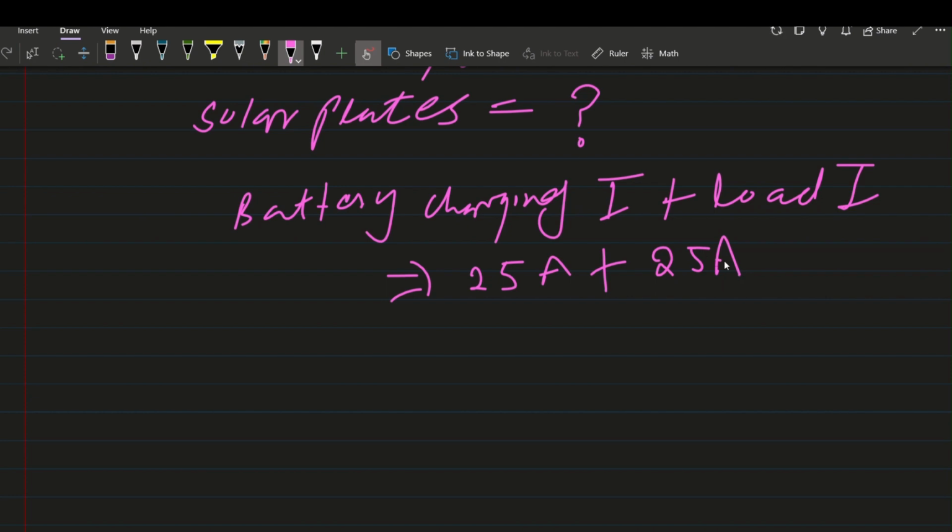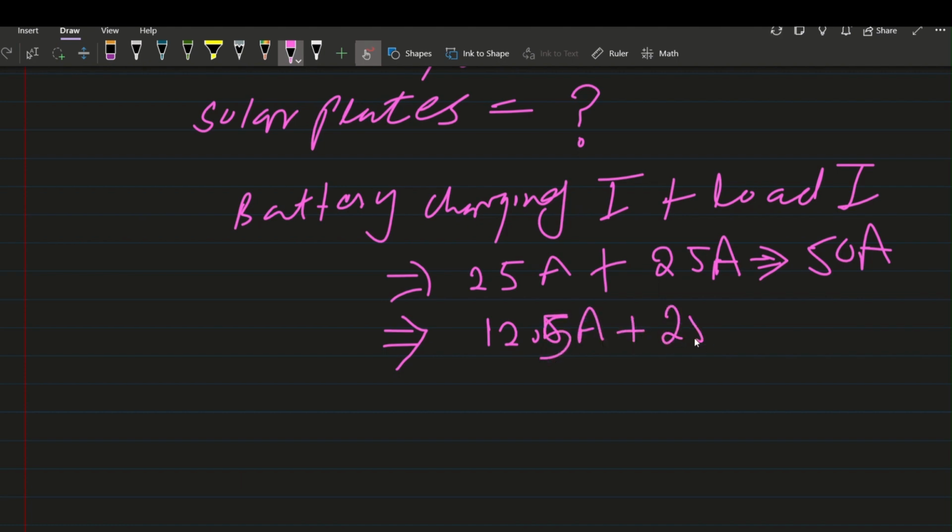We found that at the very first step, so go there and watch that. So it would be equal to 50 ampere. For the next one, 12.5 ampere that we found, 12.5 ampere plus 25 ampere is equal to 37.5 ampere.